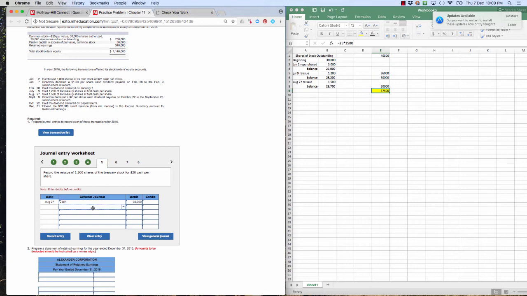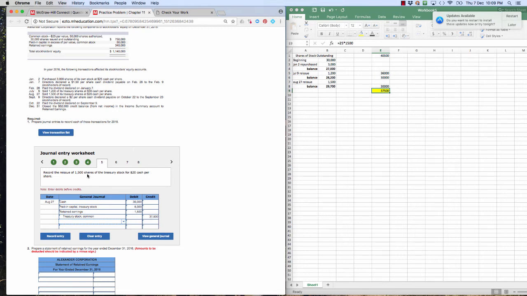We're going to start by depleting that. And when you've depleted all of that, then you take the rest of the difference out of retained earnings. And that will balance with the book value of that treasury stock that we sold. So we've got our debits equaling our credits.